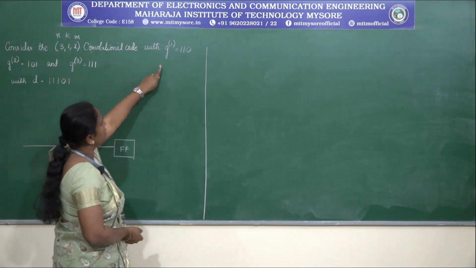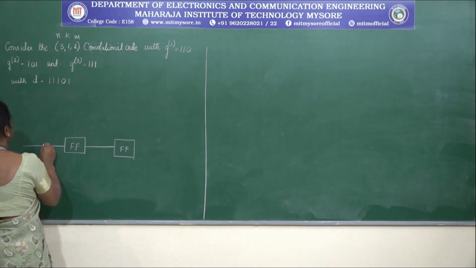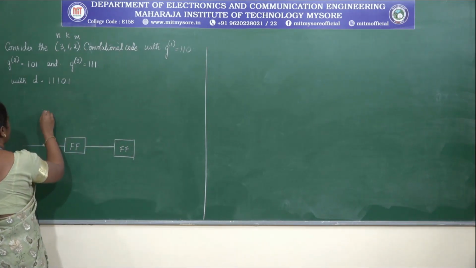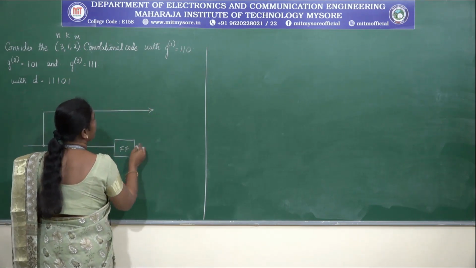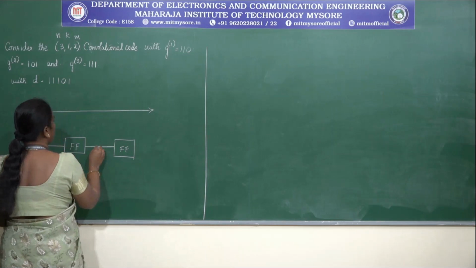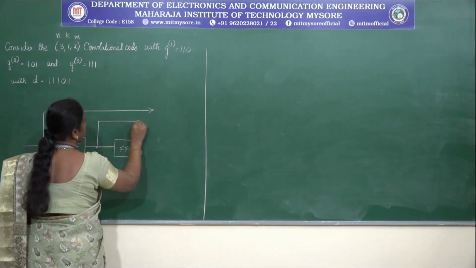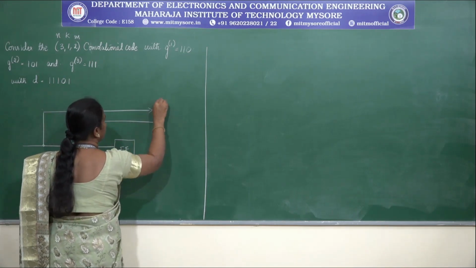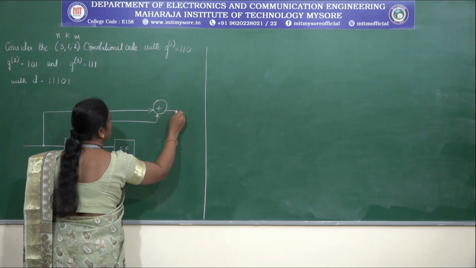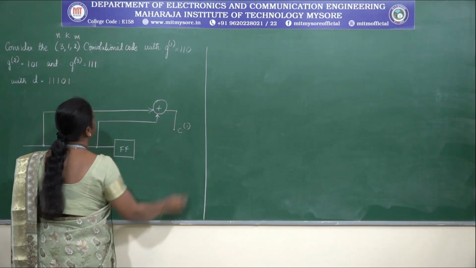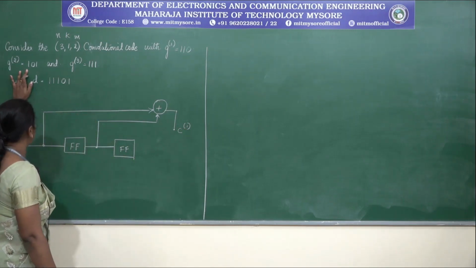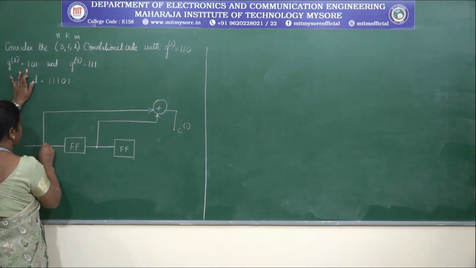So now if we consider G of 1, G of 1 means we have the connection with respect to the first one as well as from the second one. So I can write this as your C of 1. Next we have G of 2 which is 101.